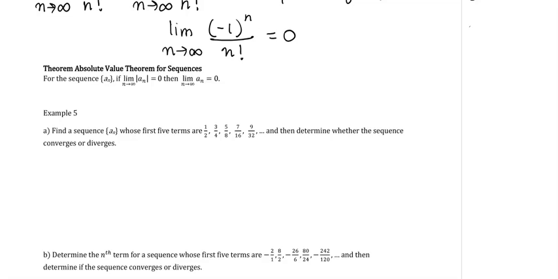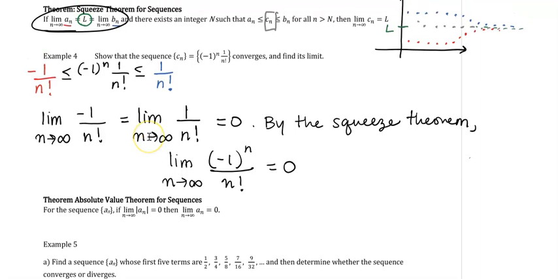Next, we have a theorem that tells us for any sequence, if the absolute value of that sequence converges to 0, then our sequence must converge to 0. So how can that theorem be used? Let's say that you had not thought to use the squeeze theorem in example 4.